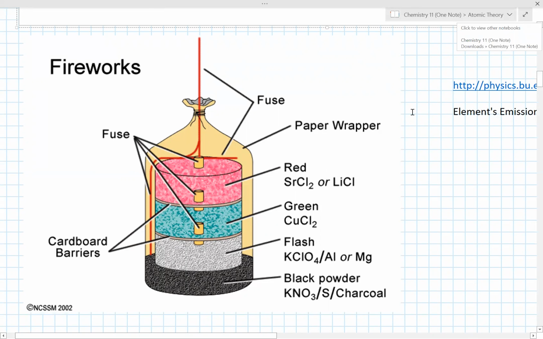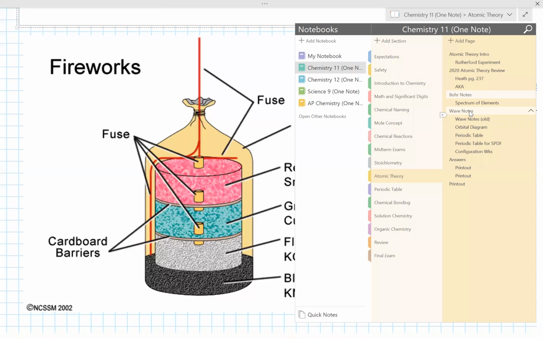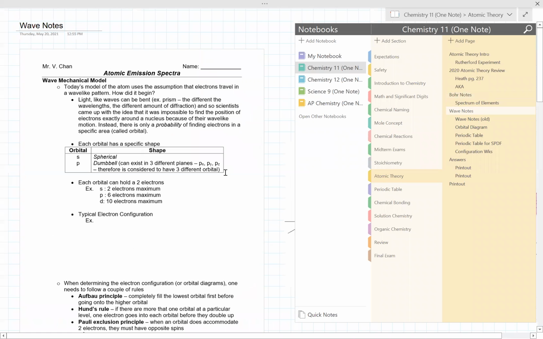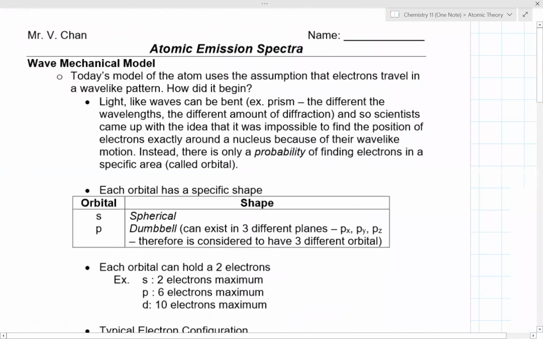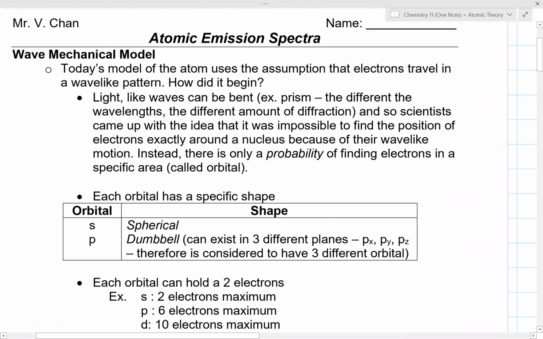Now, what this has done is led us to a different model of the electron. This is called the wave mechanical model. Today's model of the atom uses the assumption that electrons travel in a wave-like pattern. Now, how did it work?